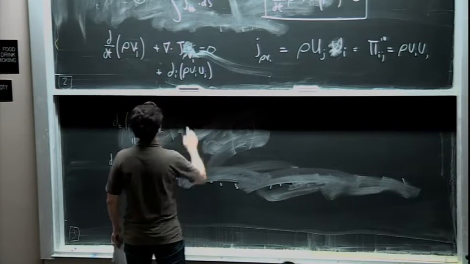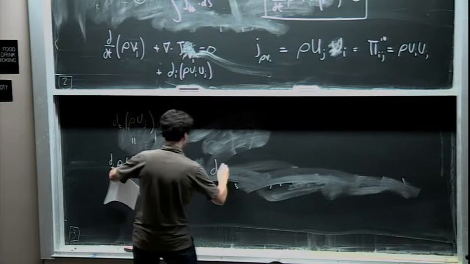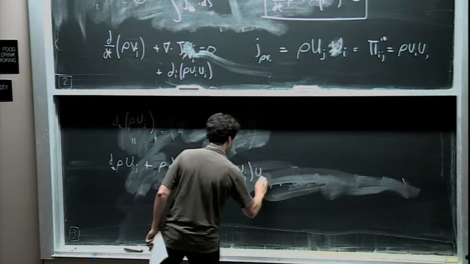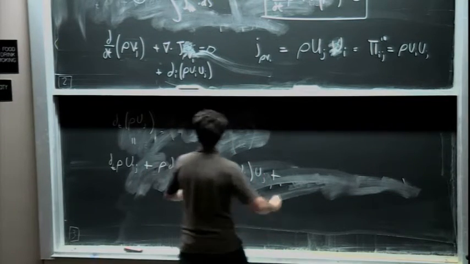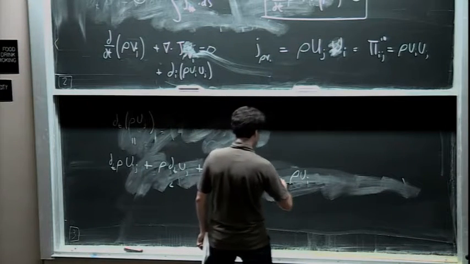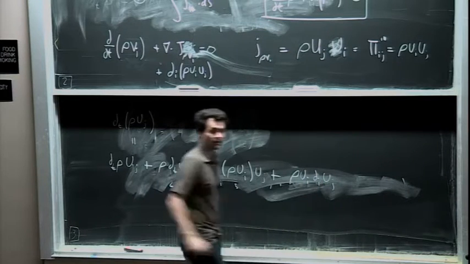So this is going to be di of rho ui times uj plus rho ui di of uj.